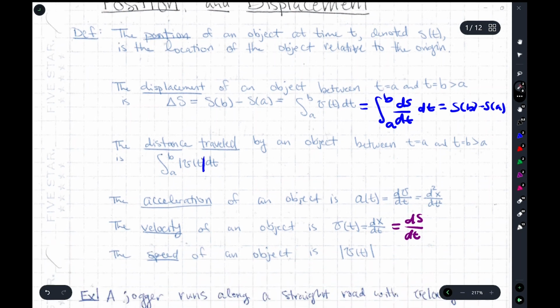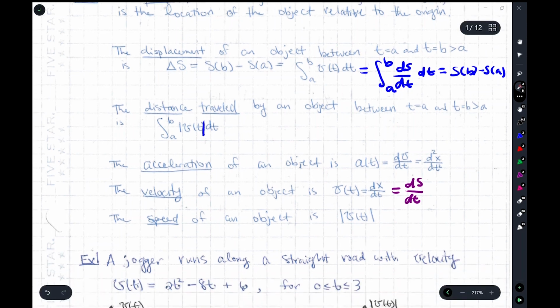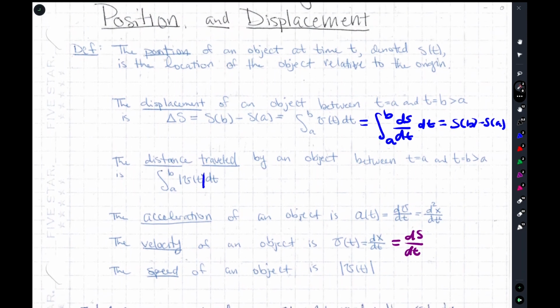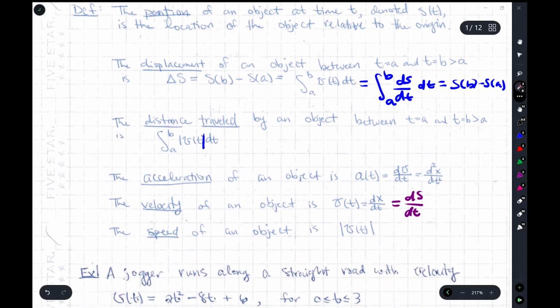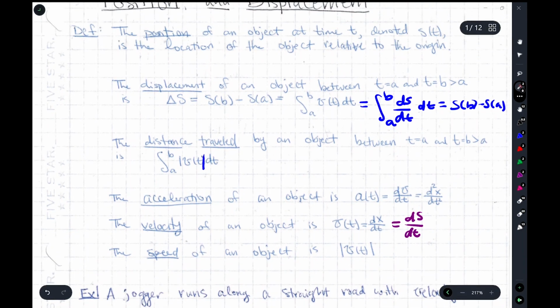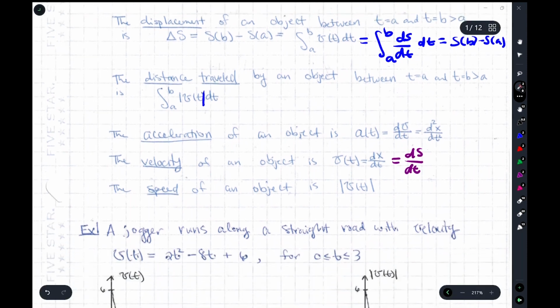Okay, and acceleration is the derivative of velocity with respect to time, or the second derivative with respect to position, because velocity is just the derivative with respect to position. And speed is the absolute value of the velocity. Okay, and so here are our basic definitions for physics applications, in particular kinematics. And you could see that we are utilizing derivatives and integrals.